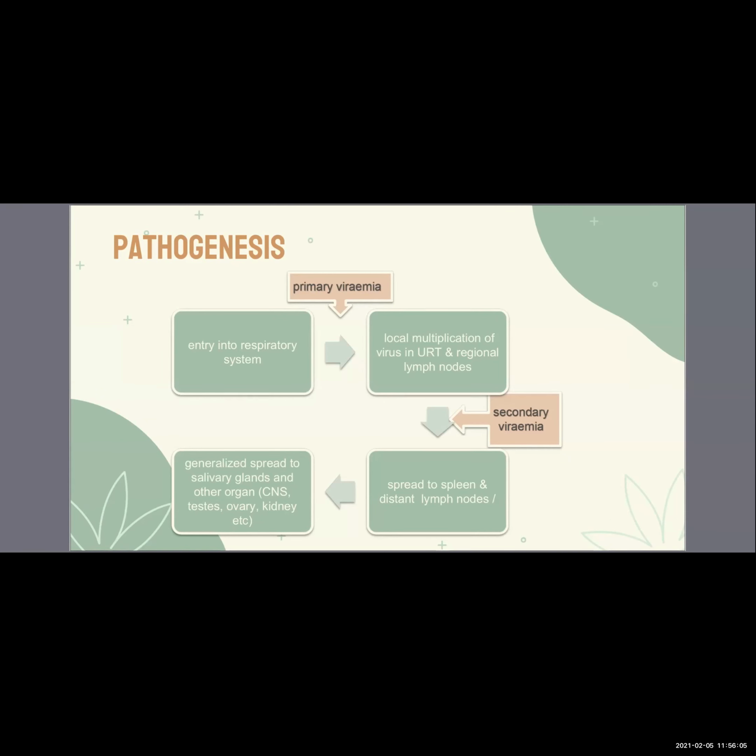And then it will spread to the spleen and distant lymph nodes, and secondary viremia occurs. And lastly, this virus will replicate and spread generally to salivary glands and other organs such as CNS, testes, ovary, kidney, and others.